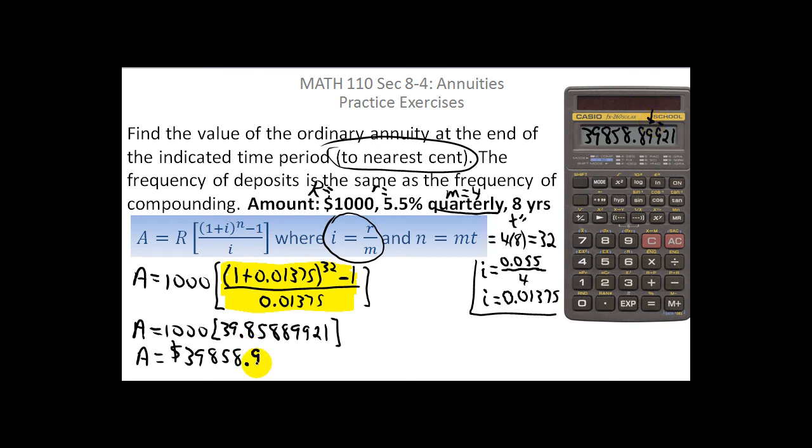So to the nearest cent, if I put $1,000 in each quarter for 8 years into an account paying 5.5% compounded quarterly, at the end of that 8 years I would have $39,858.90.